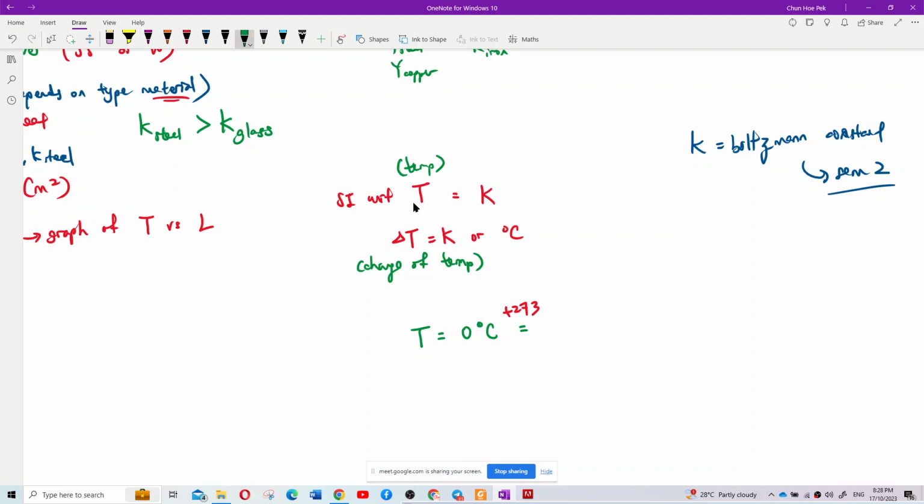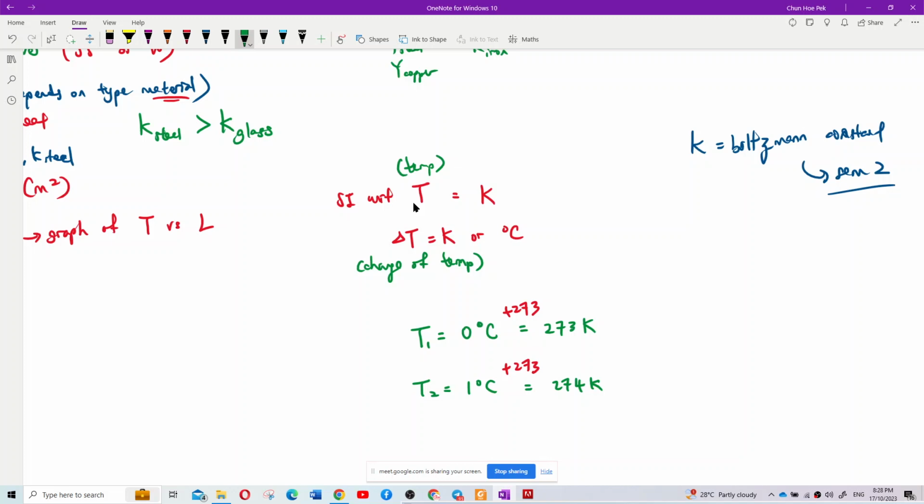So 0 degrees Celsius is 273 Kelvin. Okay. Now, let's say temperature 1 is 0 degrees Celsius. Temperature 2 is 1 degree Celsius. What is 1 degree Celsius in Kelvin? Also plus 273. So you get 274 Kelvin. Okay?